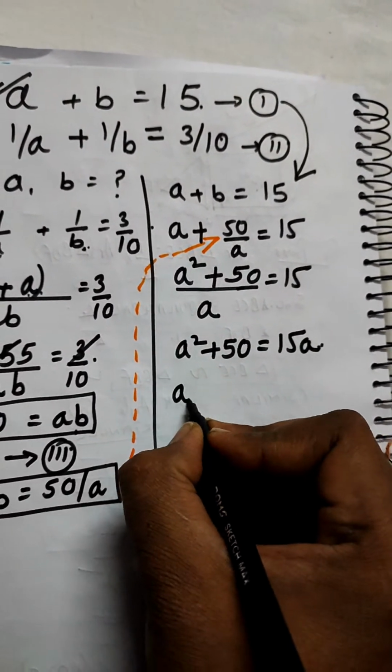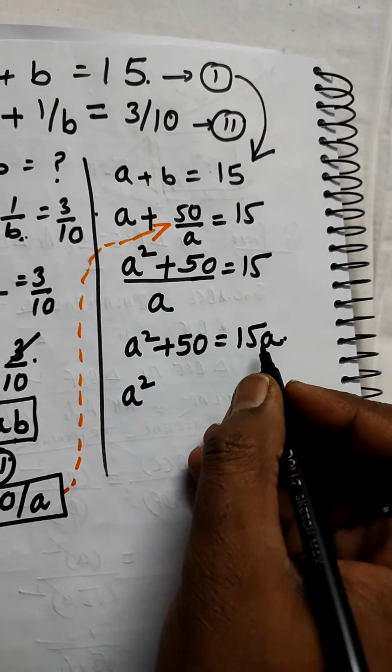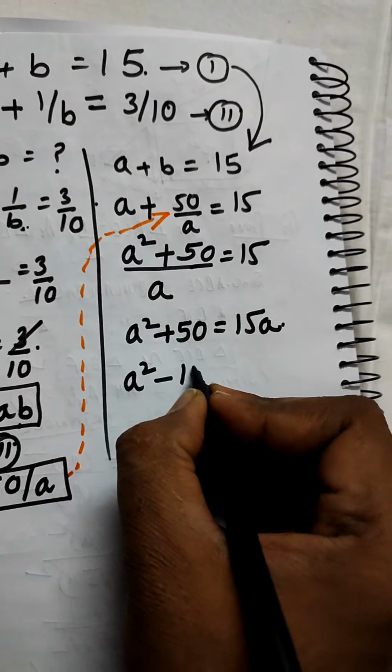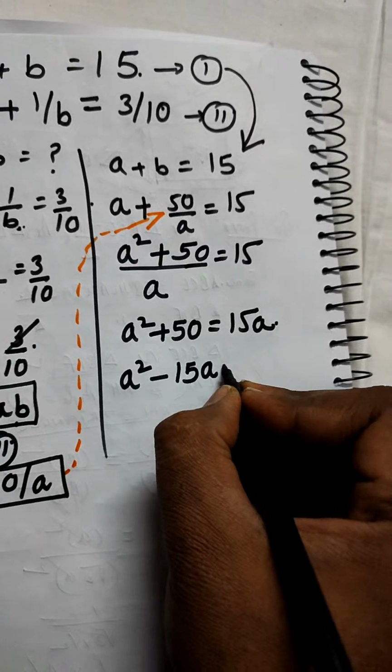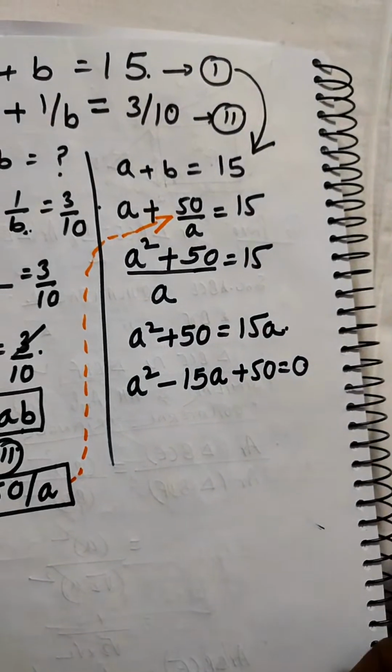Now in the next step, just bring 15A from RHS to LHS to form a simple quadratic equation. I hope you are understanding it. A square minus 15A plus 50 equal to 0, right?